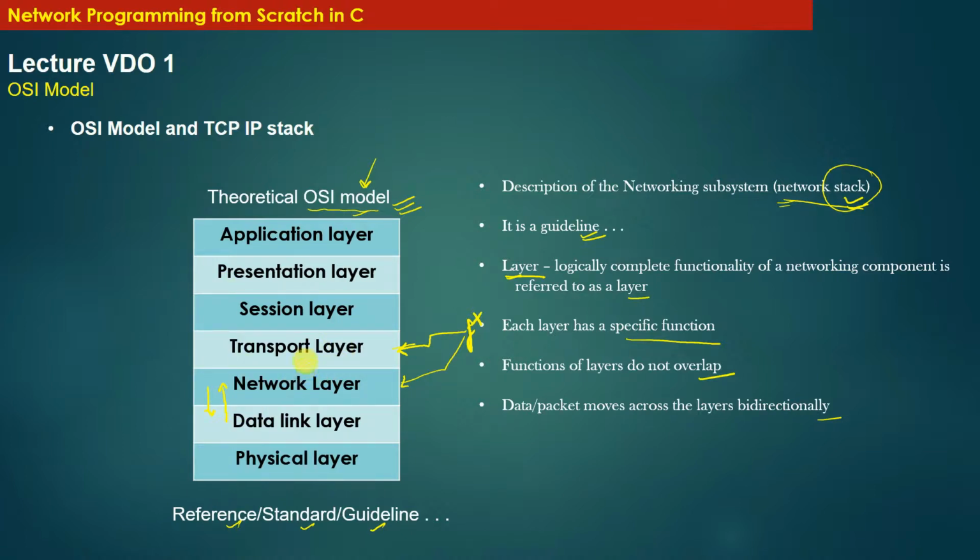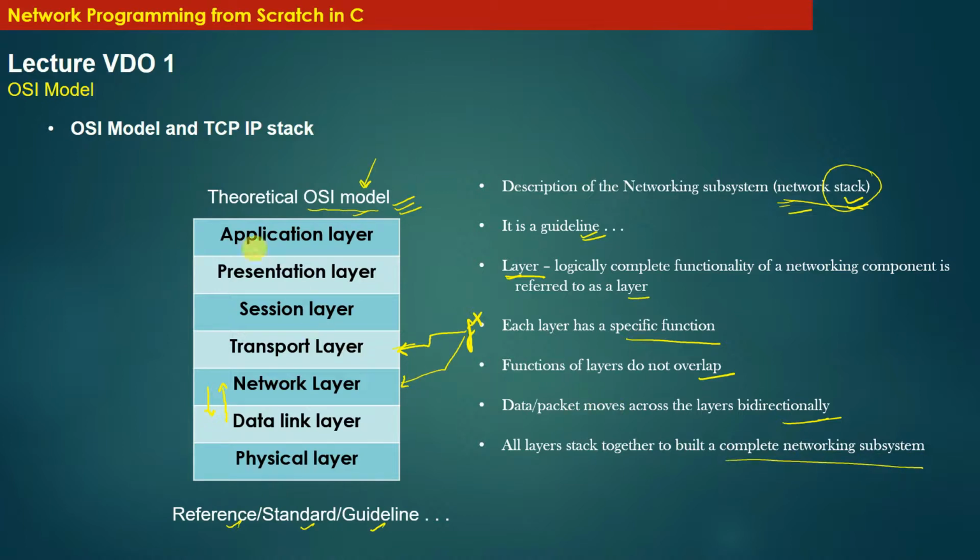So the movement of the packet is bidirectional in the network stack. We will discuss in detail why the packet moves bidirectionally, when it moves, and what changes happen in the packet when it moves from one layer to another. Then all layers are stacked together to build a complete networking subsystem.